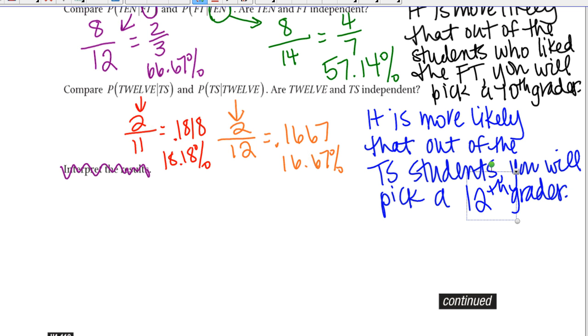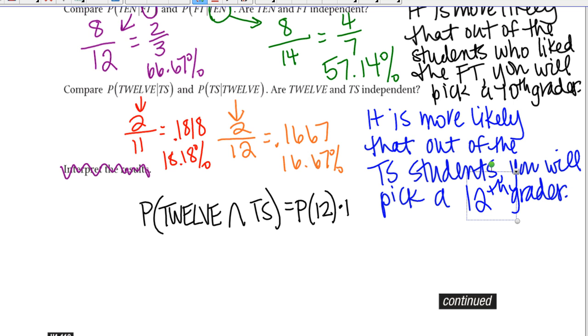Now, when we compare them and interpret the results, oh, I'm sorry, we just did that. When we talk about independence, we're looking at the probability of a 12th grader and the talent show equals the probability of a 12th grader times the probability of the talent show.